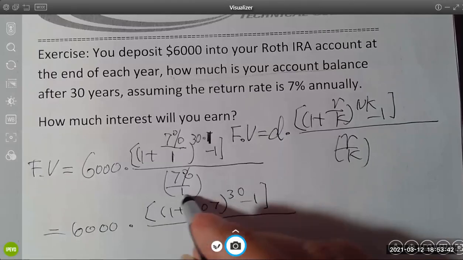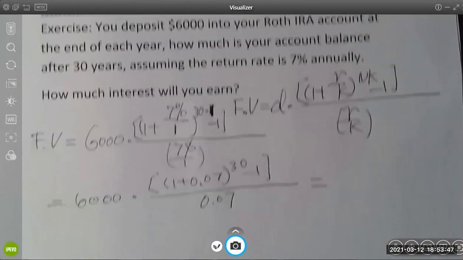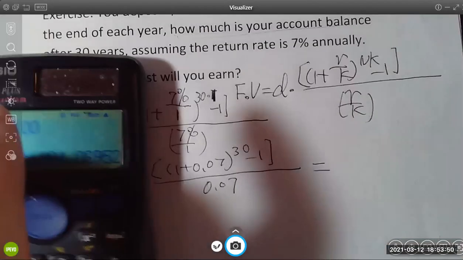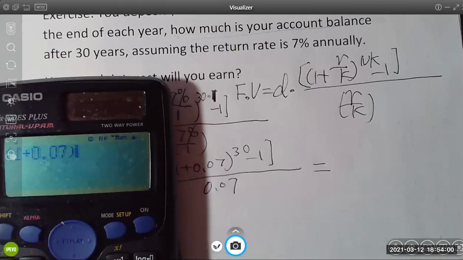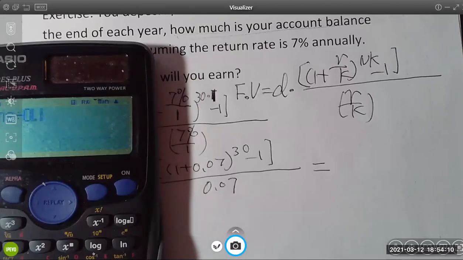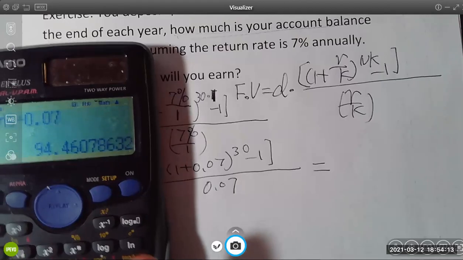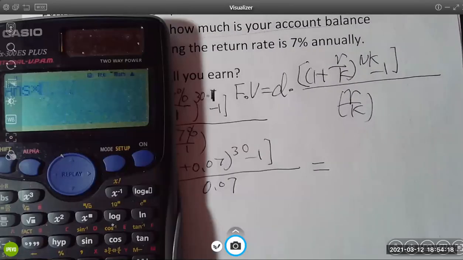We don't need to divide by 1, right? Because it makes no difference. So again, we do this all on the calculator without writing down the middle steps. 1 plus 0.07 to the power of 30 equals, minus 1 equals, then I divide by the number on the bottom, divided by 0.07 equals, now I multiply by my deposit, 6,000.